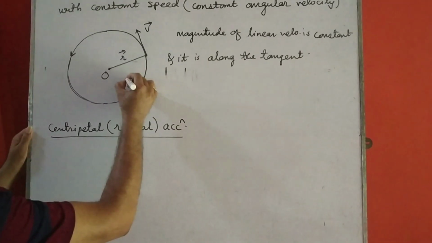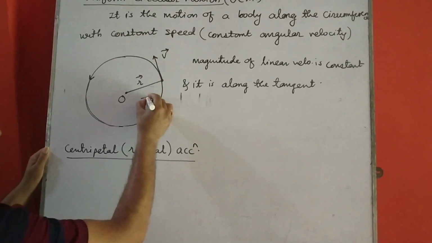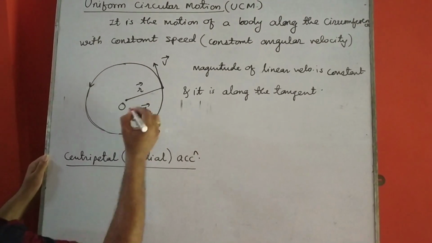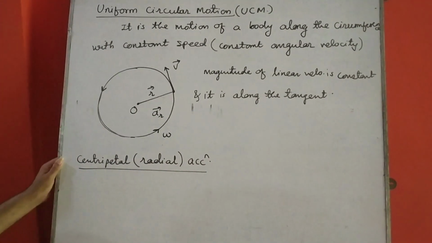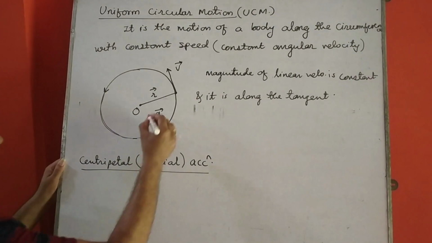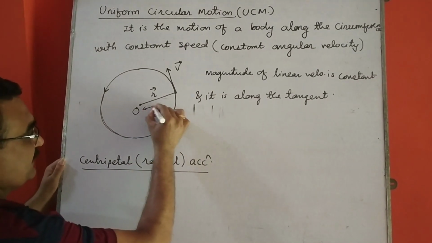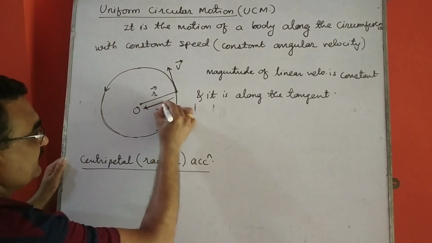It is denoted by vector a_R, R for radius vector. This radial or centripetal acceleration is directed towards the center.